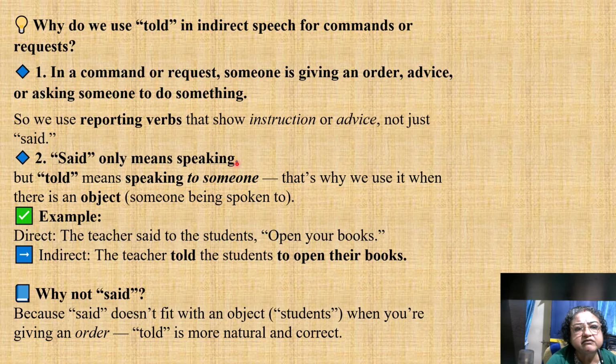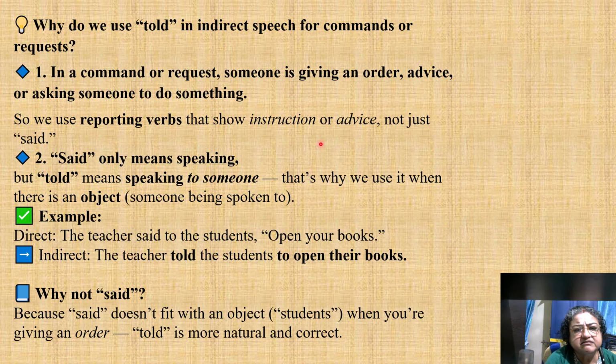In a command or request type of sentence, if you find it in indirect speech, then someone is giving either order or advice, or asking someone to do something. So we use a reporting verb that shows instruction or advice, not just said.